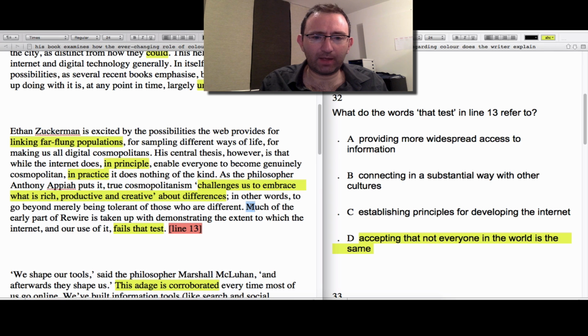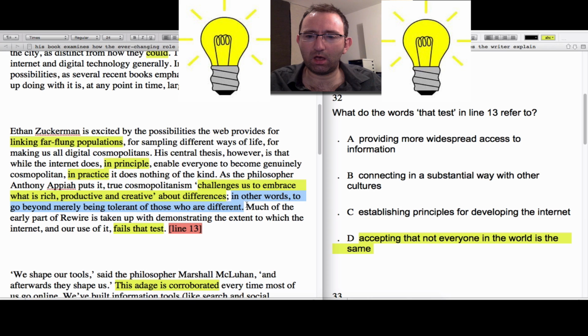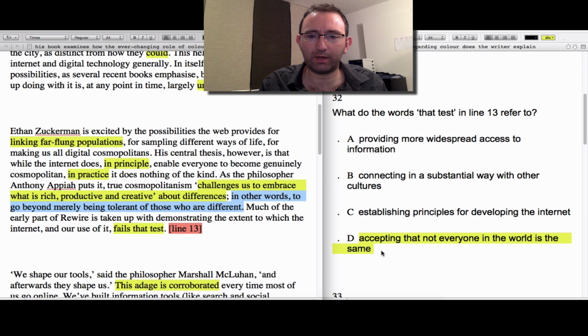Okay, let's read it again. Much of the early part of Rewire is taken up with demonstrating the extent to which the internet and use of it fails that test. To go beyond merely being tolerant of those who are different. Look what I've done. I got into a trap.